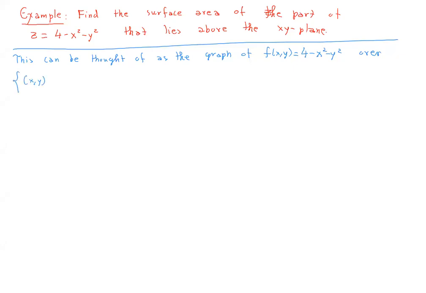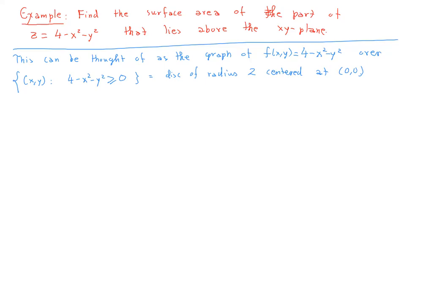So remember, we want z to be greater than or equal to 0, which means 4 minus x squared minus y squared has to be greater than or equal to 0. And this is simply the disk of radius 2 centered at the origin, 0, 0. If you solve this inequality, you will get x squared plus y squared is less than or equal to 4.